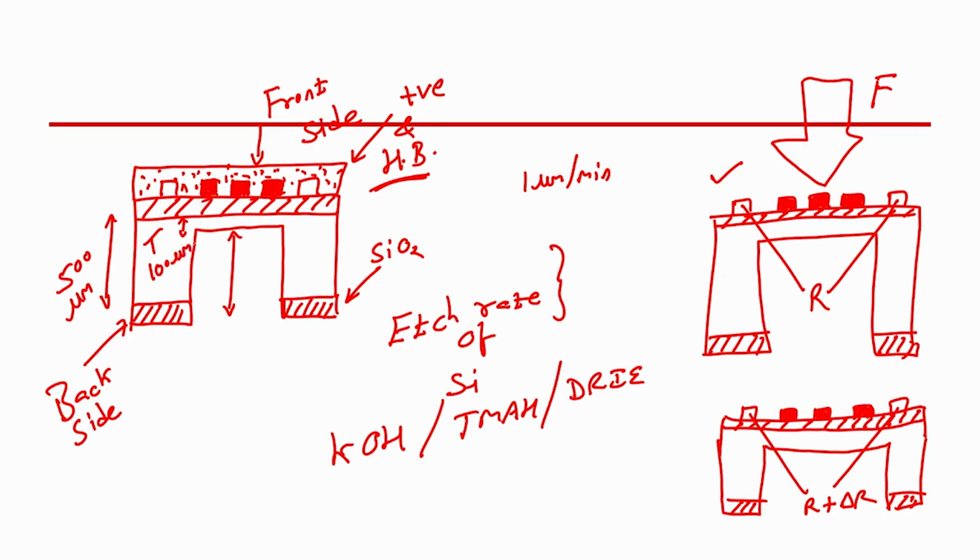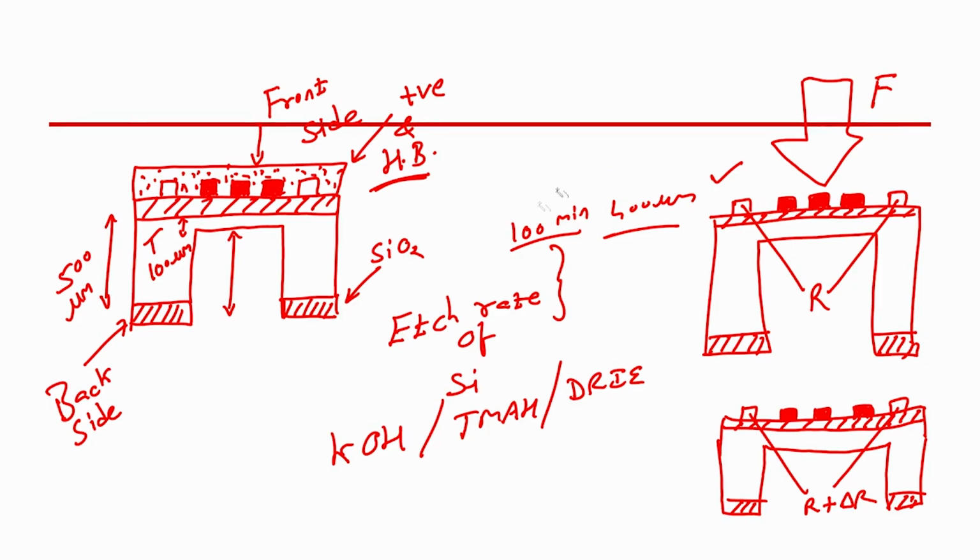That means for etching 400 micrometer, if your etch rate is 4 micrometer per minute, how many minutes you require? So, 4 and you have to etch 400 micrometer, so it will be like 100 minutes, right. 100 minutes you require to etch 400 micrometers. So, I will dip this wafer for 100 minutes in the solution if I know the etching rate is 4 micrometer per minute, correct. Alright.